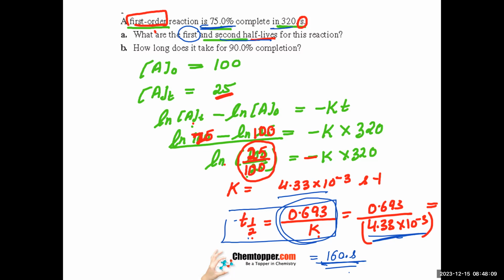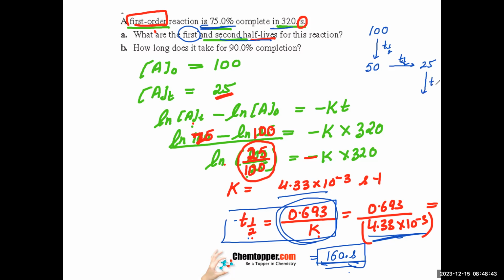So we are good with this? Okay, let me tell you the meaning of this, why it is not changing. Let's say you started with 100. What is the amount left after first half-life? 50. What is the amount left after second half-life? 25.